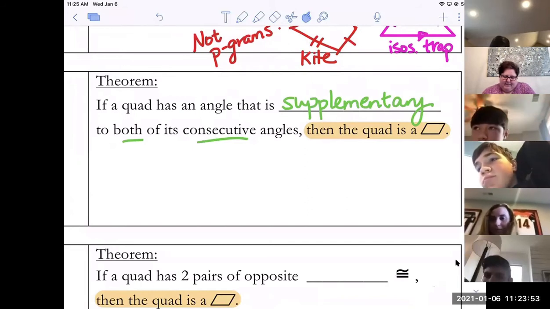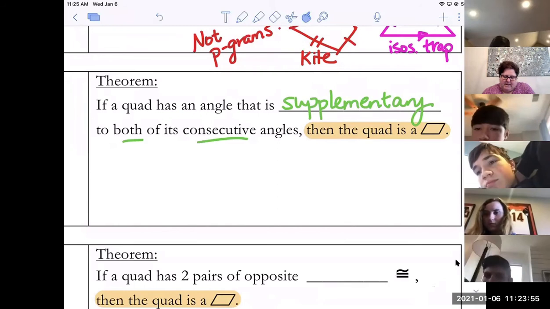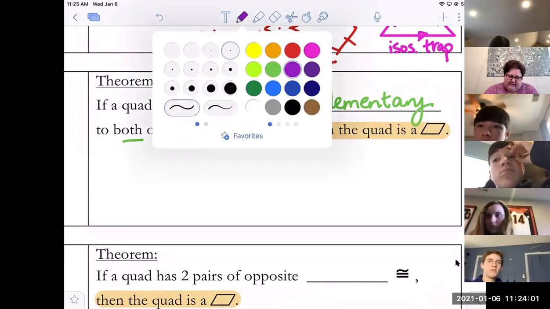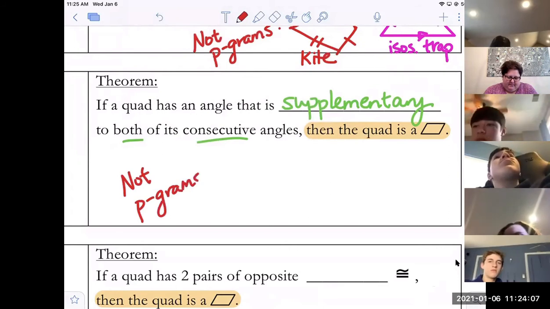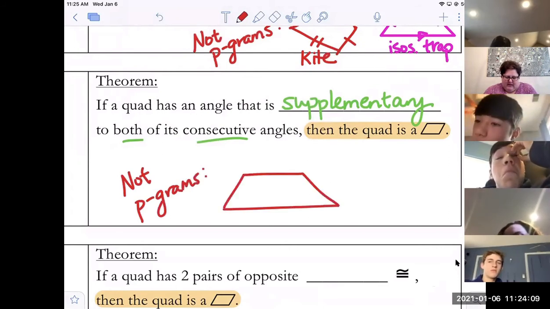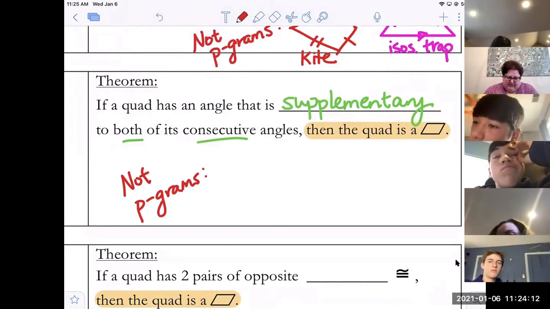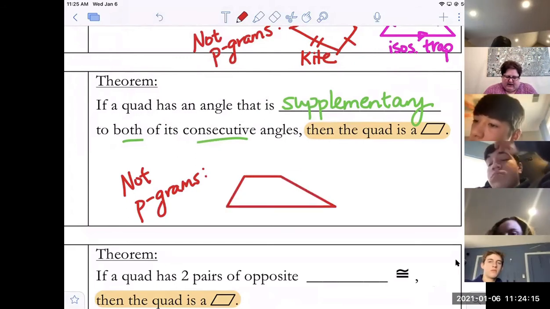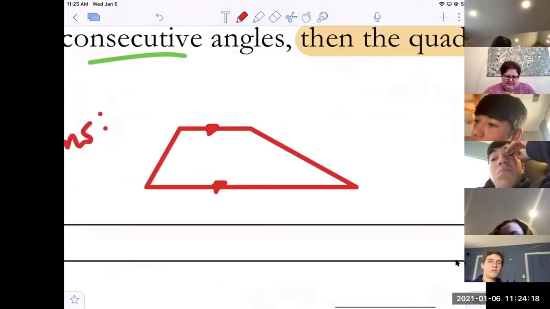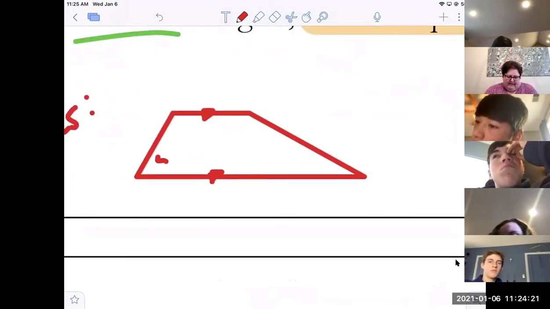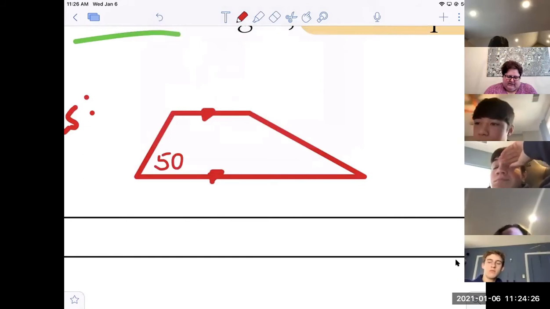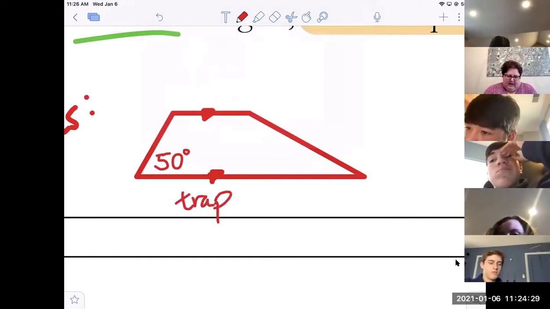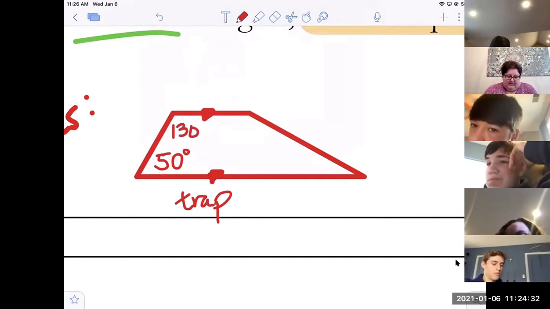You need to have both, because I'm trying to think of some counterexamples here. Actually, let me just do a generic trapezoid. Whatever these angles are, let's say this is like 50 degrees.